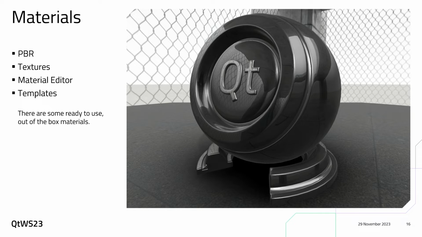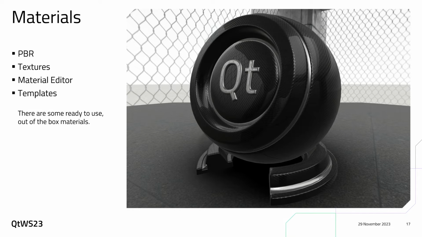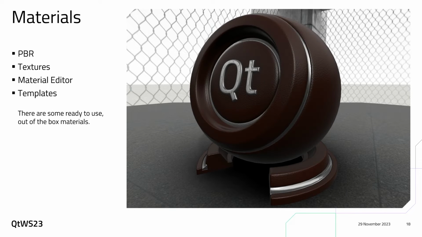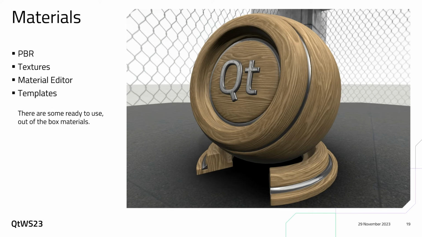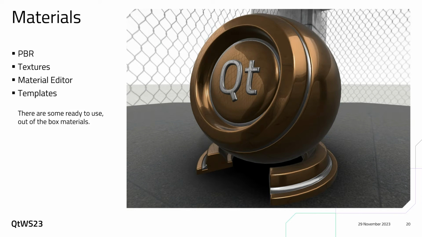There are plenty of materials ready to use. For example, here we have a black plastic. This is a carbon fiber material. We have brown leather, light wood, and even gold and so on.